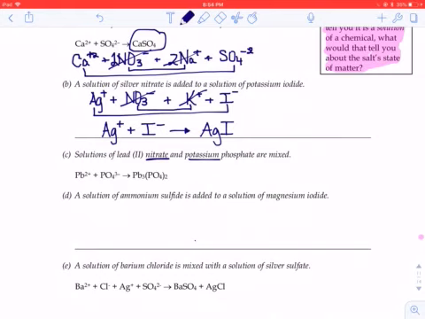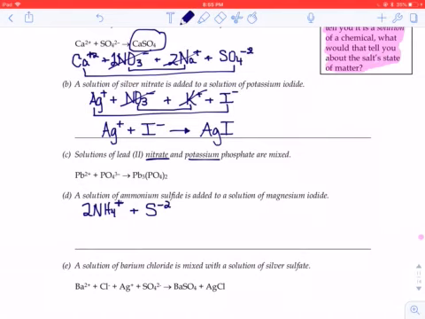One like this guy for part D, a solution of ammonium sulfide is added to a solution of magnesium iodide. So ammonium sulfide, ammonium is NH4 +1, and sulfide -2. So if it's ammonium +1, sulfide -2, you would need 2 ammoniums to balance out that sulfide charge.